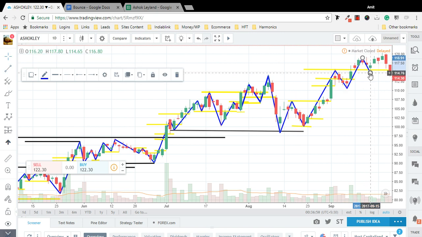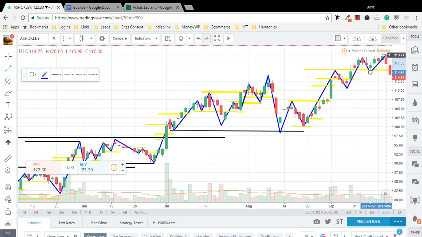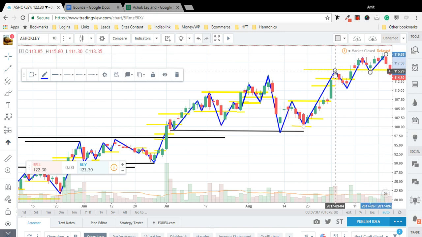Let me first complete this one. So we were saying this was a closing basis stop loss. But if you look at this endpoint, this is a perfectly clear swing low, higher low. So this closing basis trailing stop loss has been converted to a stop loss here.